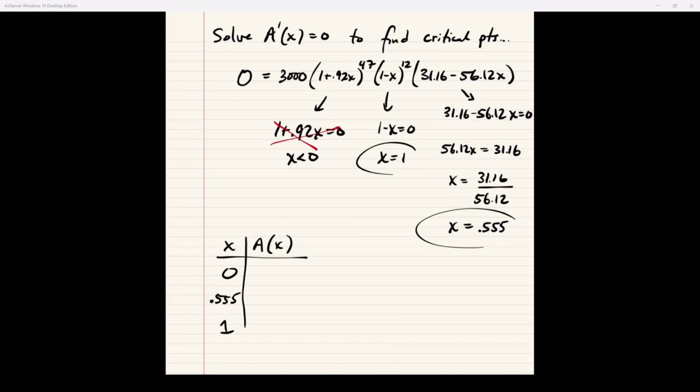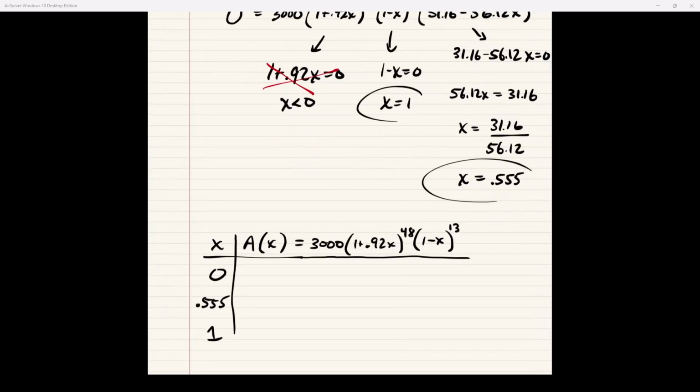So I'll evaluate the function at each of those points. Going back and remembering the function, it was 3,000 times 1 plus. This was the original function that I'm trying to find a maximum for. I'm looking for a maximum value on this closed interval, so I'll test the endpoints and the critical point.